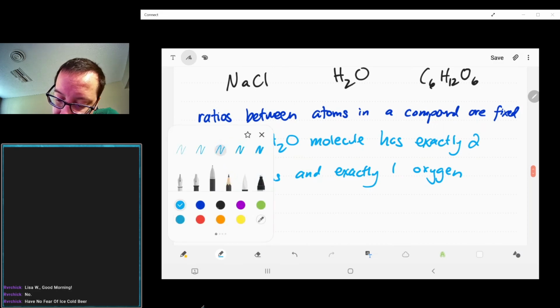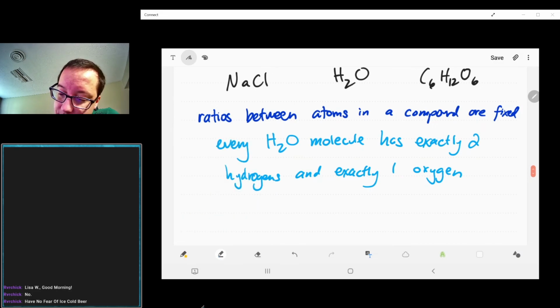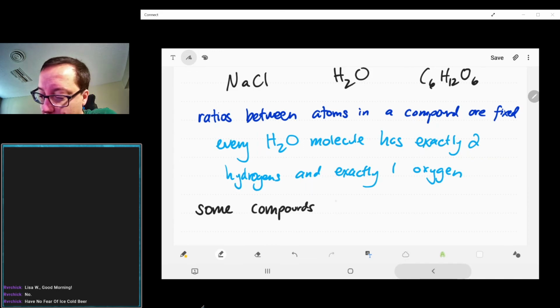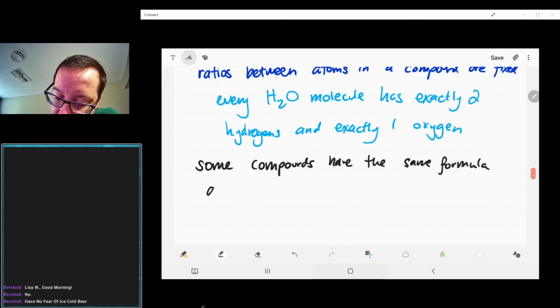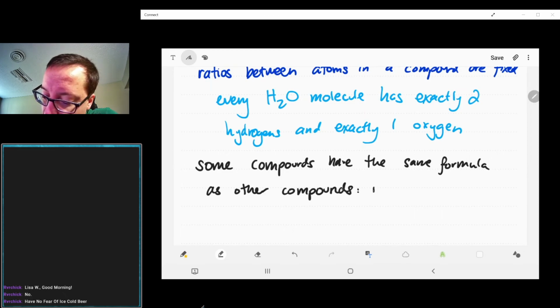We're going to see that some compounds will have the same formula as other compounds. And these are called isomers.